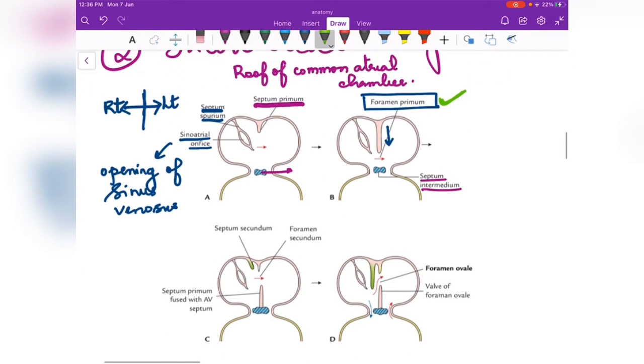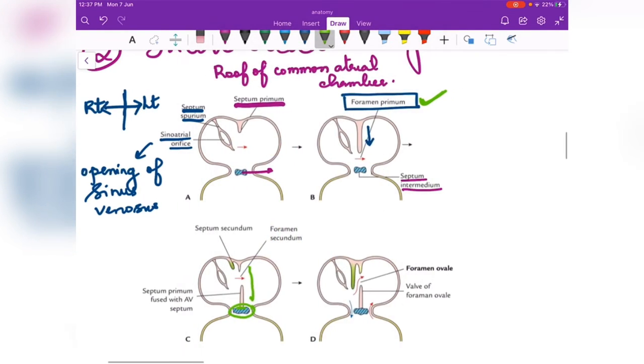Then the septum primum continues to grow, and it fuses with the septum intermedium. When it fuses with the septum intermedium, at that time there will be degeneration of the septum primum close to the roof, and that's what forms the foramen secundum.